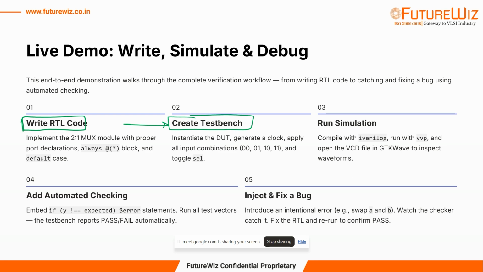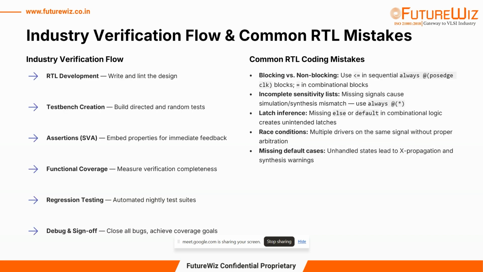Then we do the simulation, and we add some components which automatically check whether we are getting the correct result or not. And if some bug is there, we have to identify and fix that bug, and then start the process again from the beginning. Once all the test cases you have applied have passed, it will be sent to the PD department, right? That is the flow it will go through.